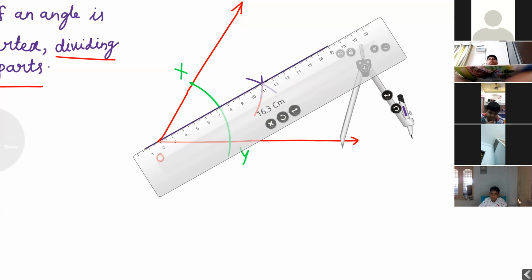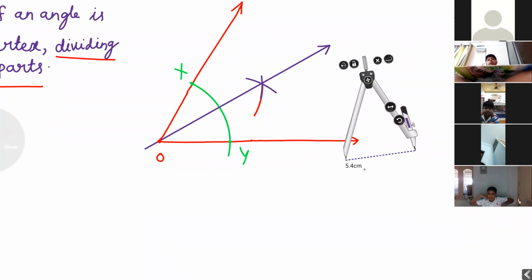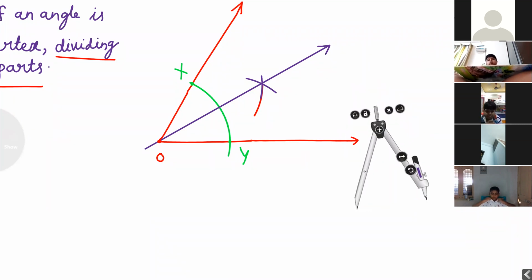This line is called the bisector line. Understood, everyone? This is called the bisector line.